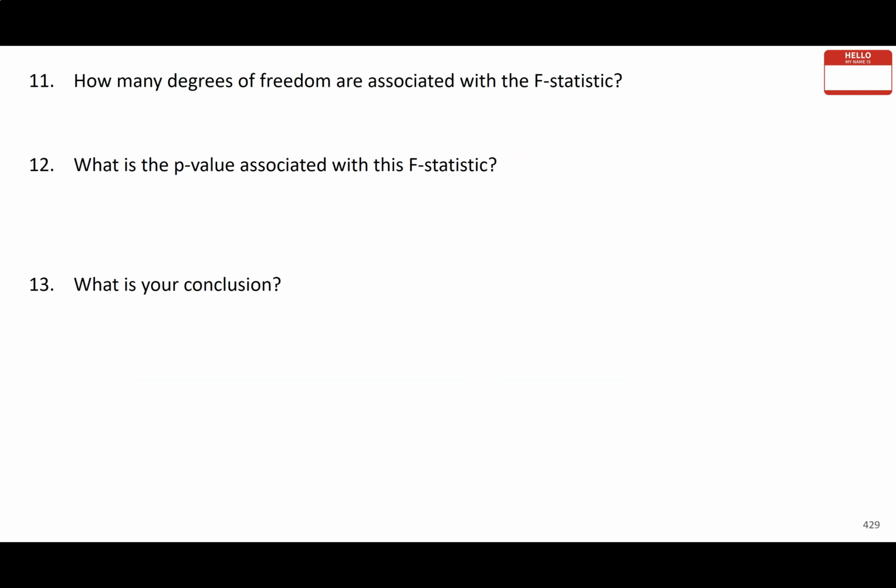So how many degrees of freedom are associated? My numerator degrees of freedom were 2. My denominator degrees of freedom were 136. So for my p-value, I threw this into R. It gave me a p-value. And remember, with an F statistic or F test, they're always going to be one-sided.